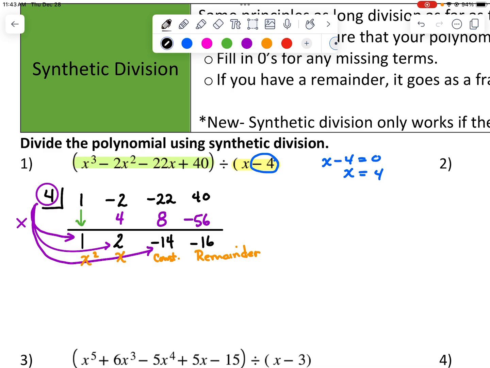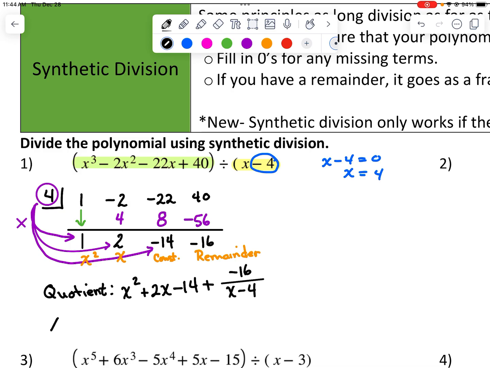So the answer, or the quotient, is x squared plus 2x minus 14 plus the fraction negative 16 over x minus 4.